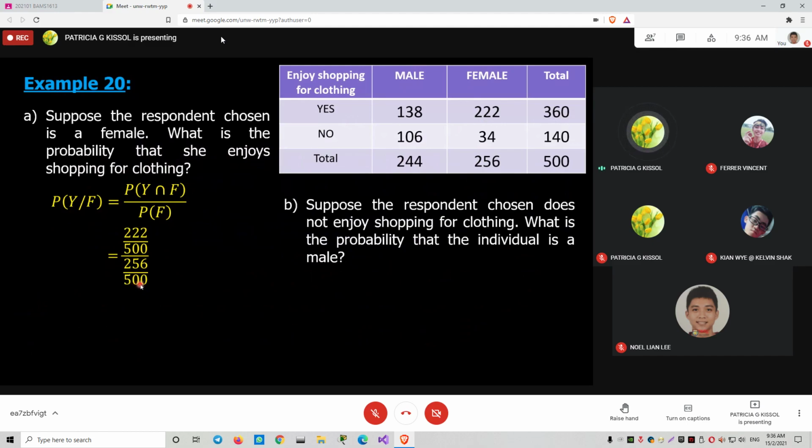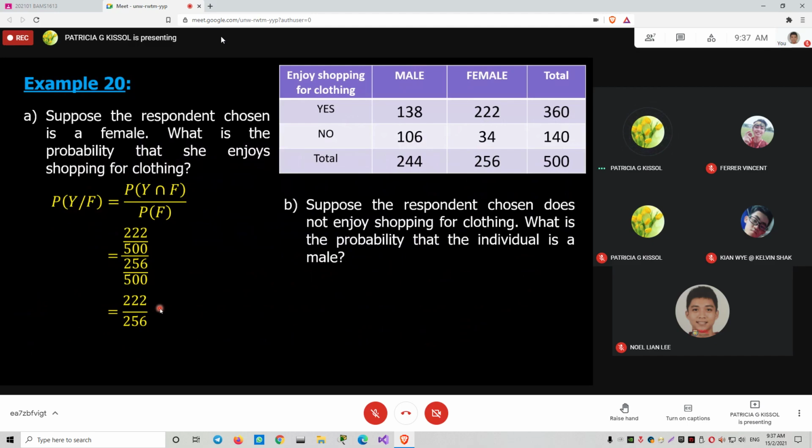For me, I still accept the answer. But the moderator is a different person entirely, and by right it should be written like this to show your working. If you write 222 over 256, I still accept it, assuming you skip this part. But the correct version would be to show this. If you finally write your answer like this, it's also acceptable. I have no problem with that.